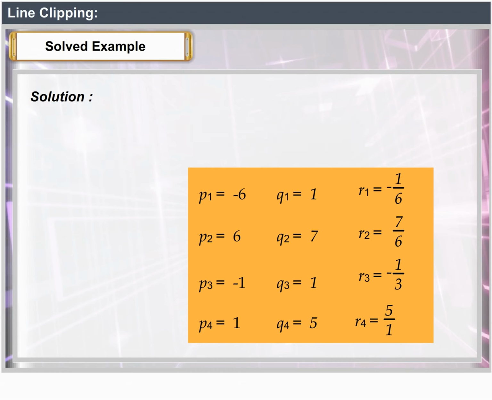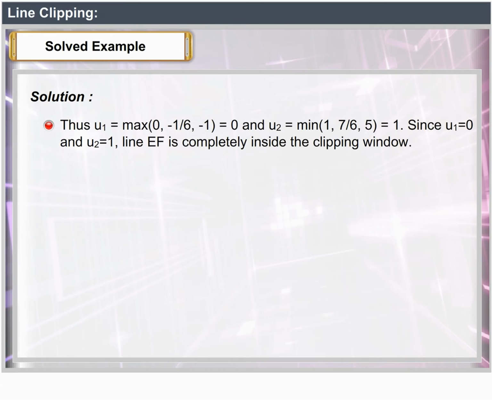Thus, u1 equals max of 0, -1/6, -1 equaling 0, and u2 equals minimum of 1, 7/6, 5 equaling 1. Since u1 is 0 and u2 equals 1, the line EF is completely inside the clipping window.